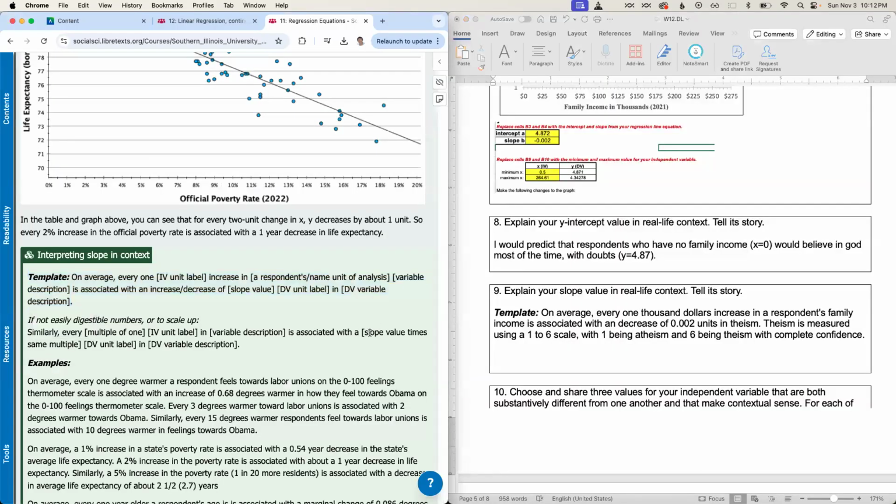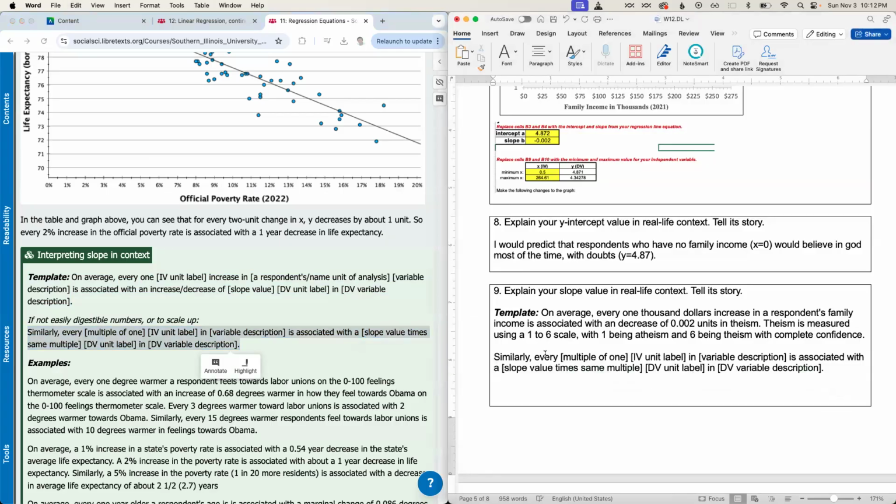Because again, with $1,000, I'm more interested in people's broader differences than that, and so different levels. So why don't we just say, let's do $30,000, right? So every $30,000 increase in family income is associated with a what?